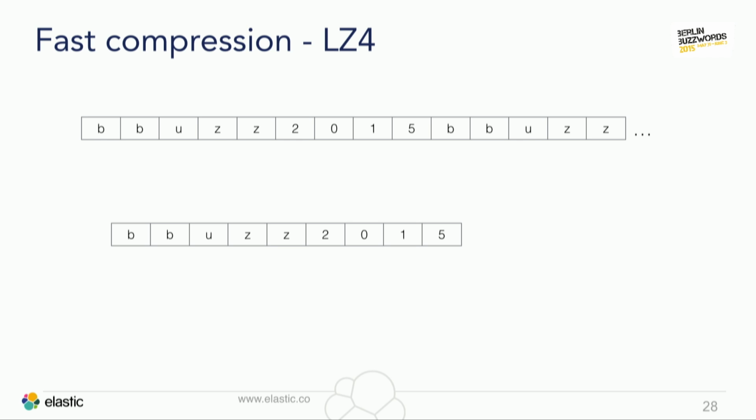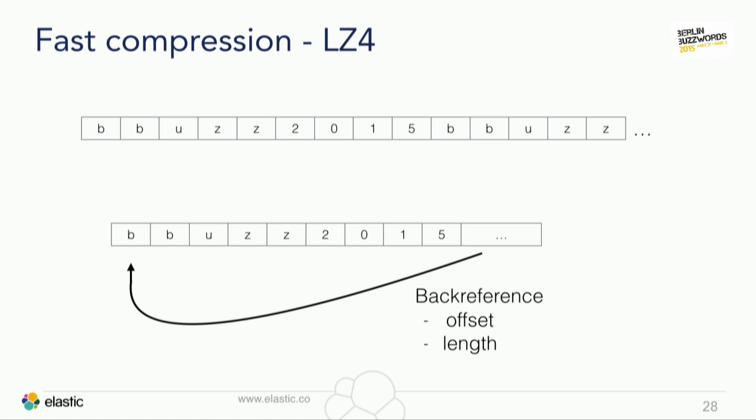As we're writing out, we write out bbuzz 2015. And then we get to the second bbuzz, and we notice, hey, this is the same thing that I saw earlier. So instead of writing out all of those bbuzz characters again, we're going to write out a couple bytes that actually refer back to where that bbuzz originally occurred. So it's a reverse offset and a length that we're going to store.